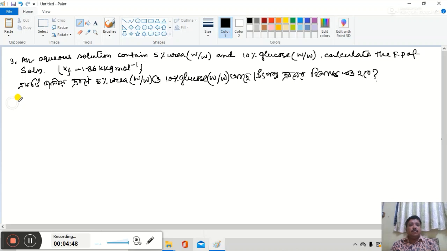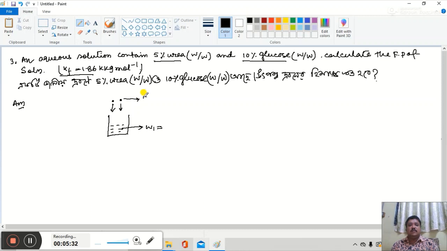Now my third problem is: an aqueous solution contains 5% urea and 10% glucose. Calculate the freezing point of the solution. Given Kf is equal to 1.86 Kelvin kg per mole. If we draw a picture, then in a solution W1 is equal to, and here two solutes are added in this solution.